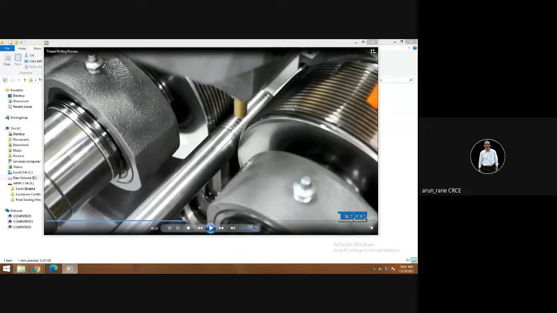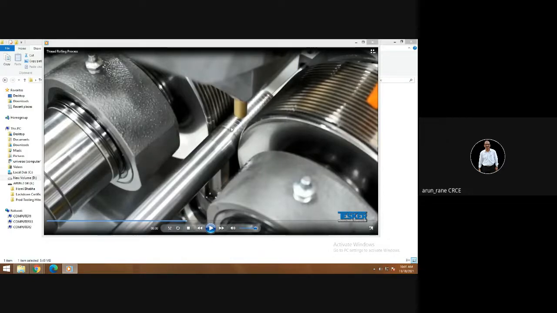Suppose I say M10 by 1.5. M stands for metric, 10 stands for outside diameter, and 1.5 is the pitch. So the pitch of these thread rolls, also called thread rolling dies, should be 1.5. The diameter can be bigger, there is no problem, but the pitch should be the same.